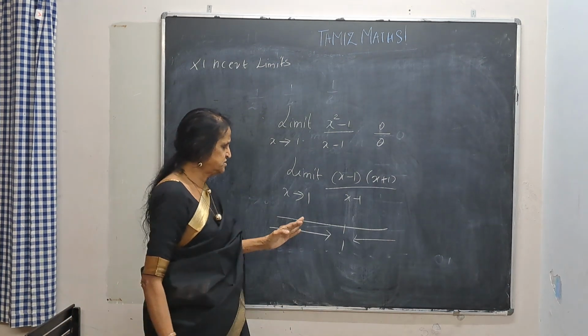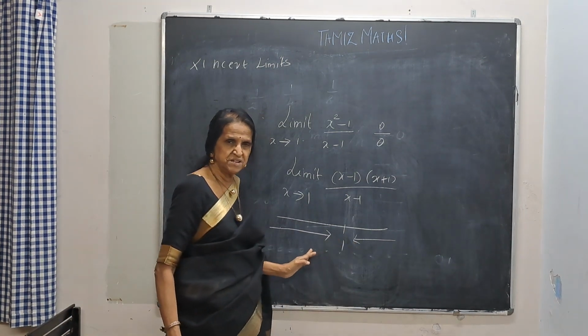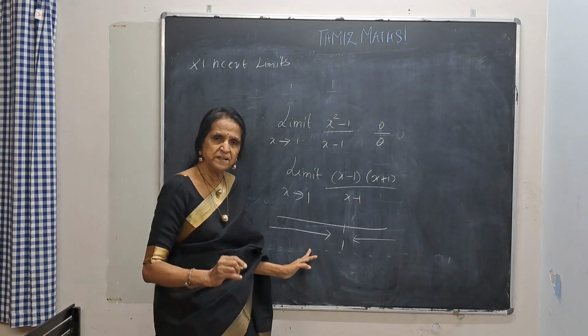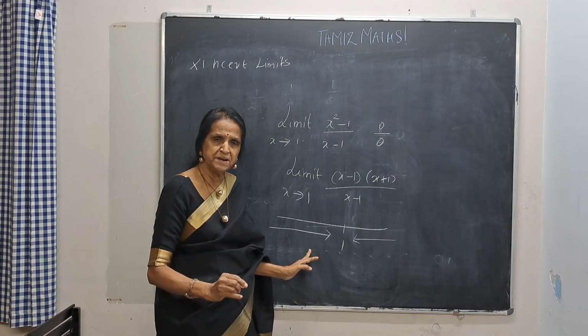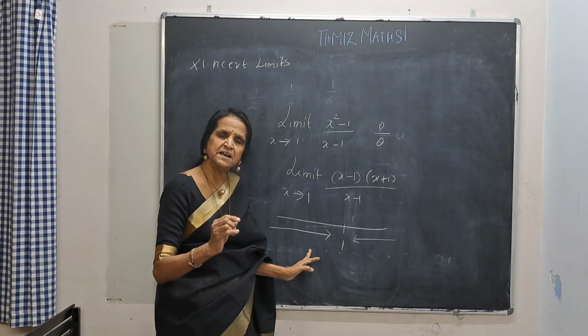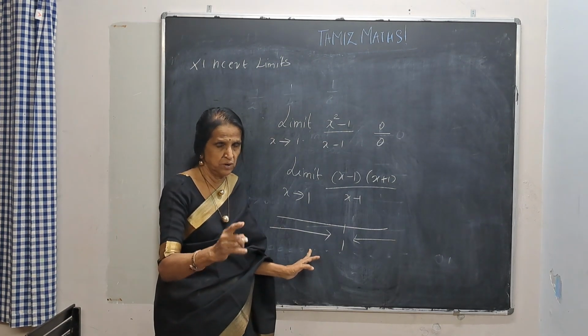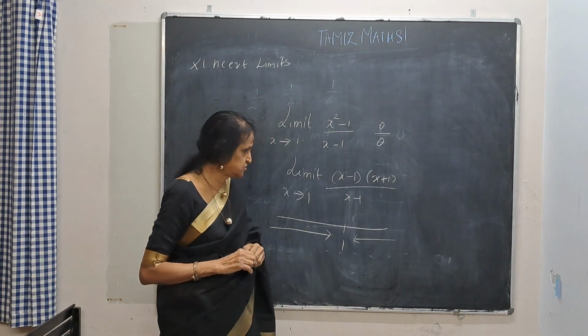This you say is the right limit and this you say is the left limit. Only when the right limit and the left limit are equal, we say the limit exists. Otherwise, the limit will not exist. We will talk about all this.